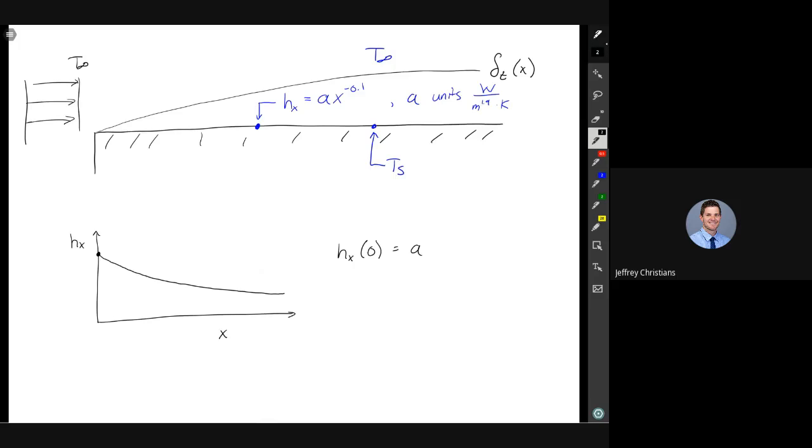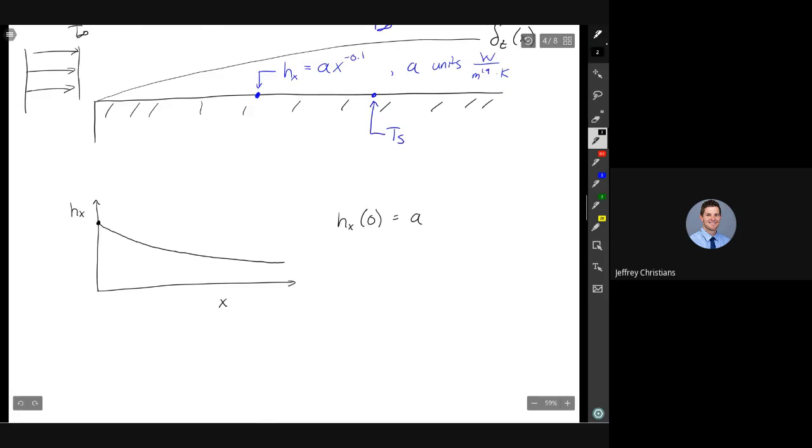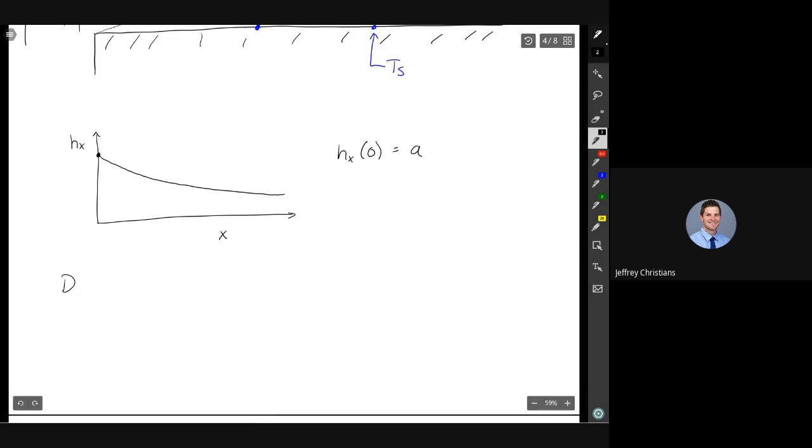If we want to find the average convection coefficient, we do that by integrating, using the equation that we just talked about.